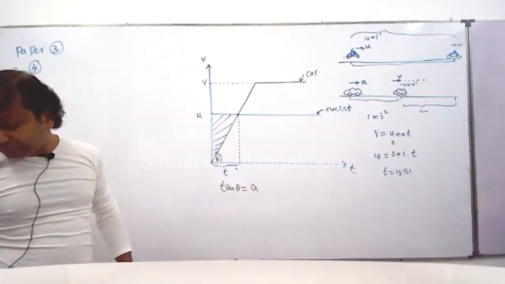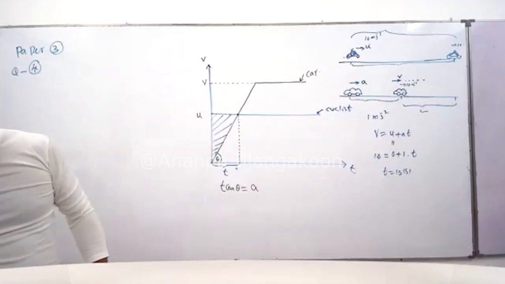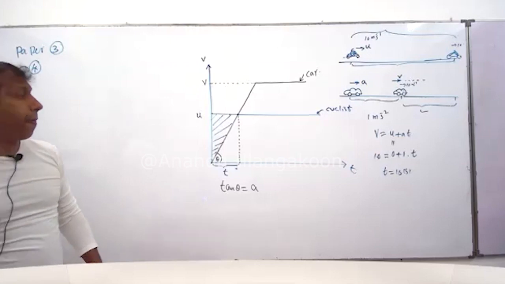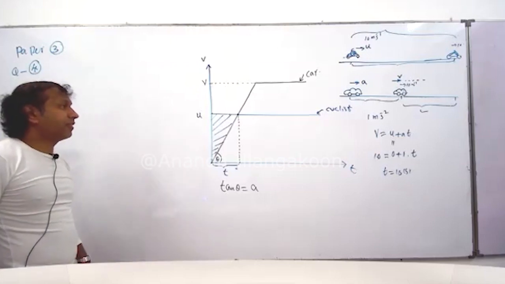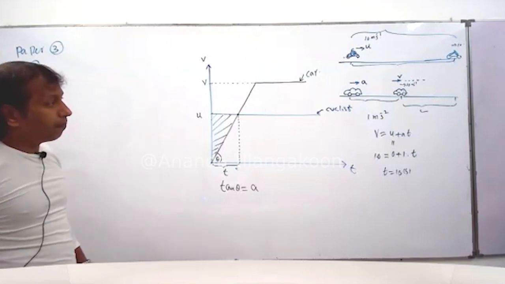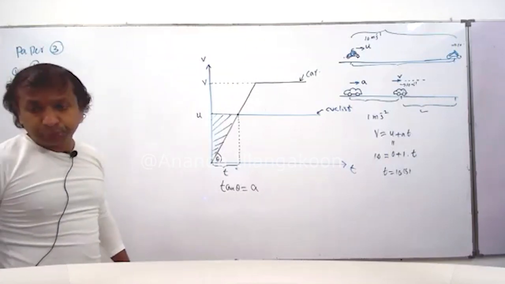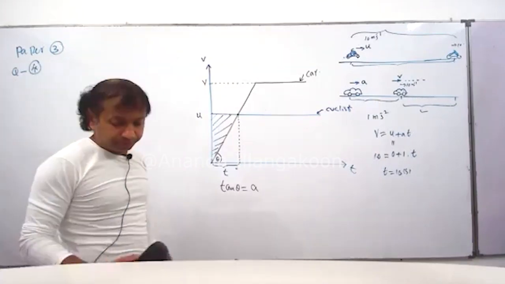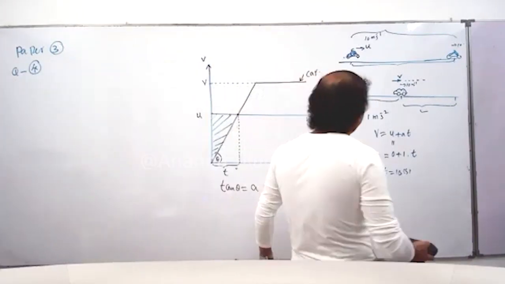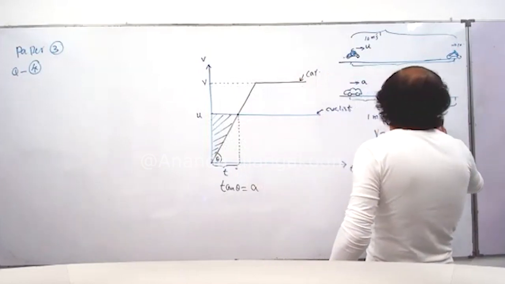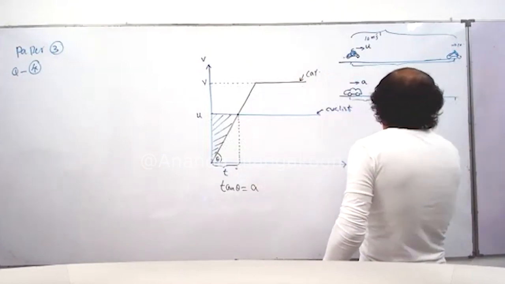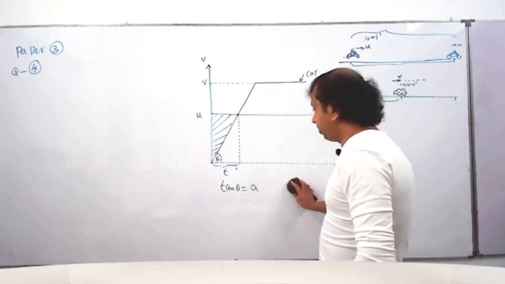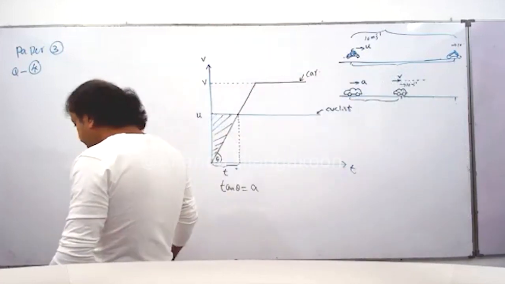The maximum distance between them occurs when they have the same velocity.